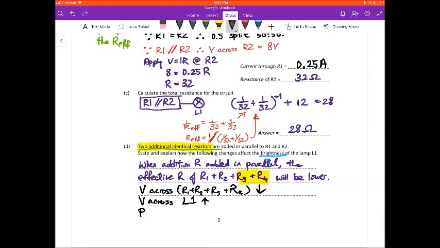So by P equals V squared over R, when this V squared, not V2, let me draw properly, later you all don't understand. V squared over R. Okay, so when your V across L1 increases, then obviously the P of L1 will increase, so it will become brighter.